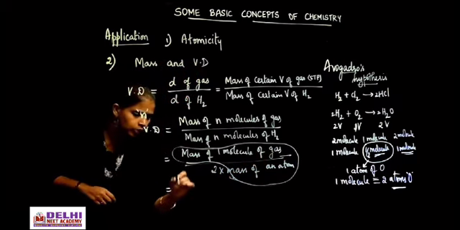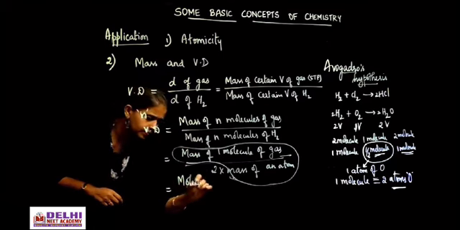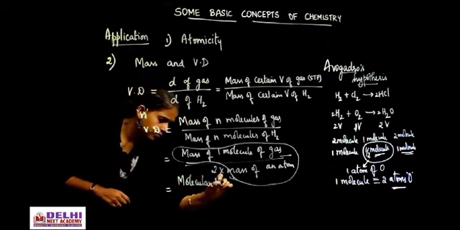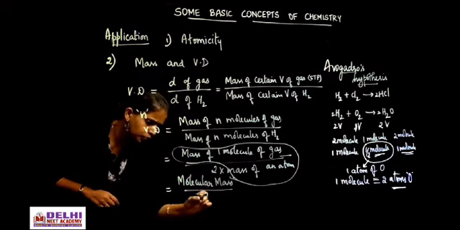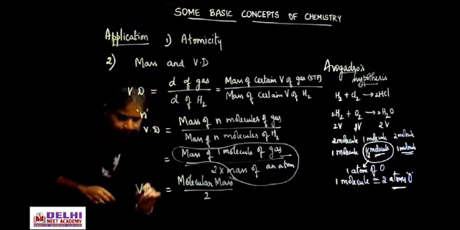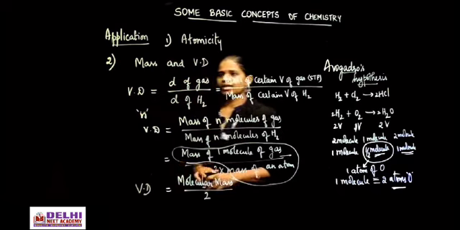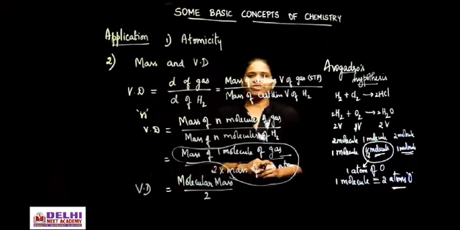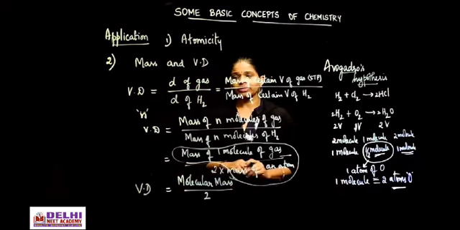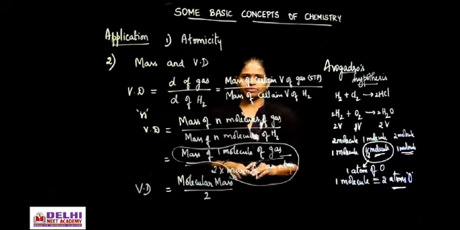We write it as molecular mass divided by 2 is equal to vapor density. So molecular mass is equal to 2 into vapor density. That's the relation between the molecular mass and the vapor density. That's the second application.